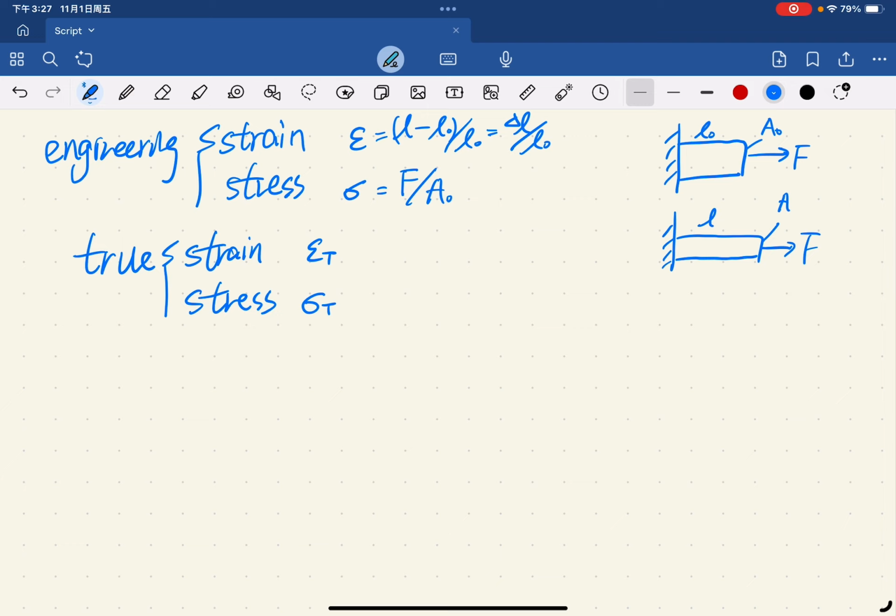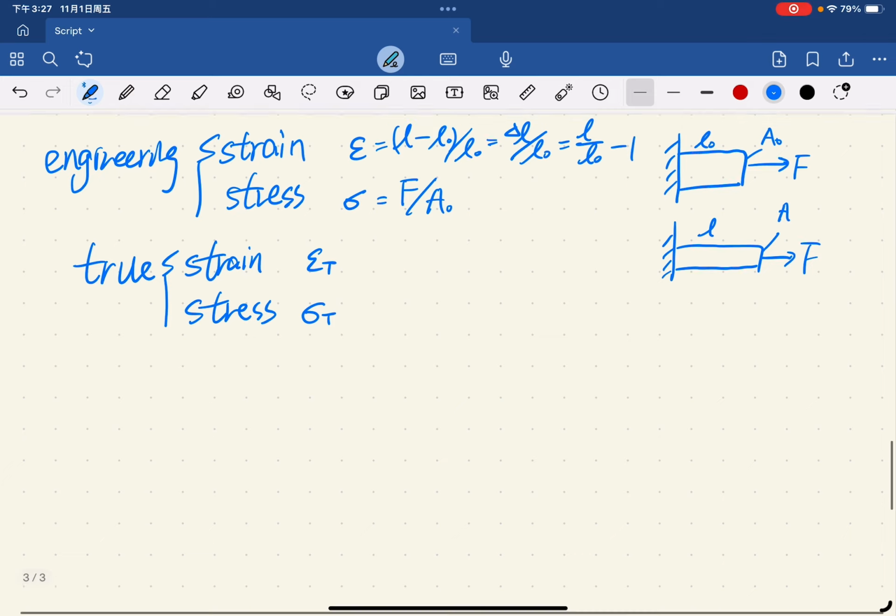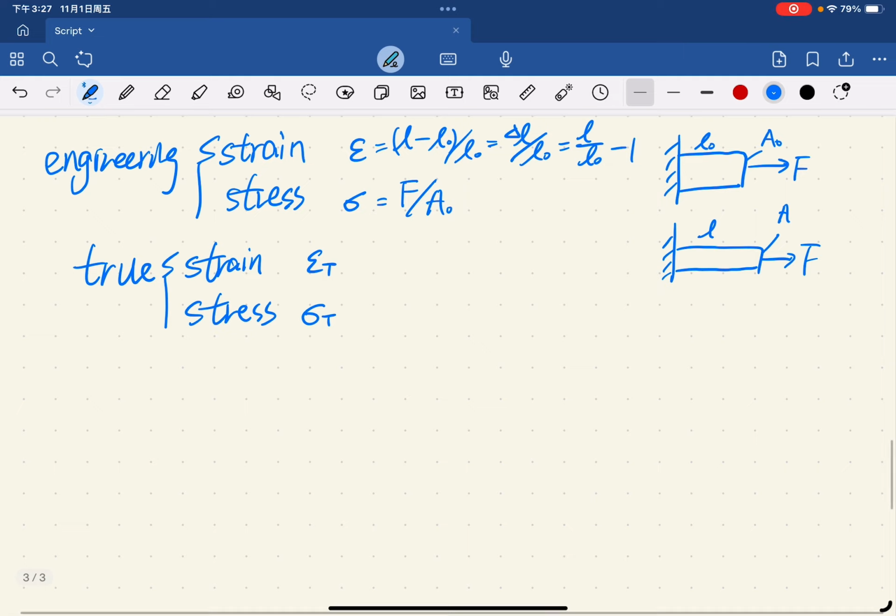And if we do some transforms, we can see it's L over L0 minus 1. So these values can all be derived very straightforwardly, so this is very commonly used.